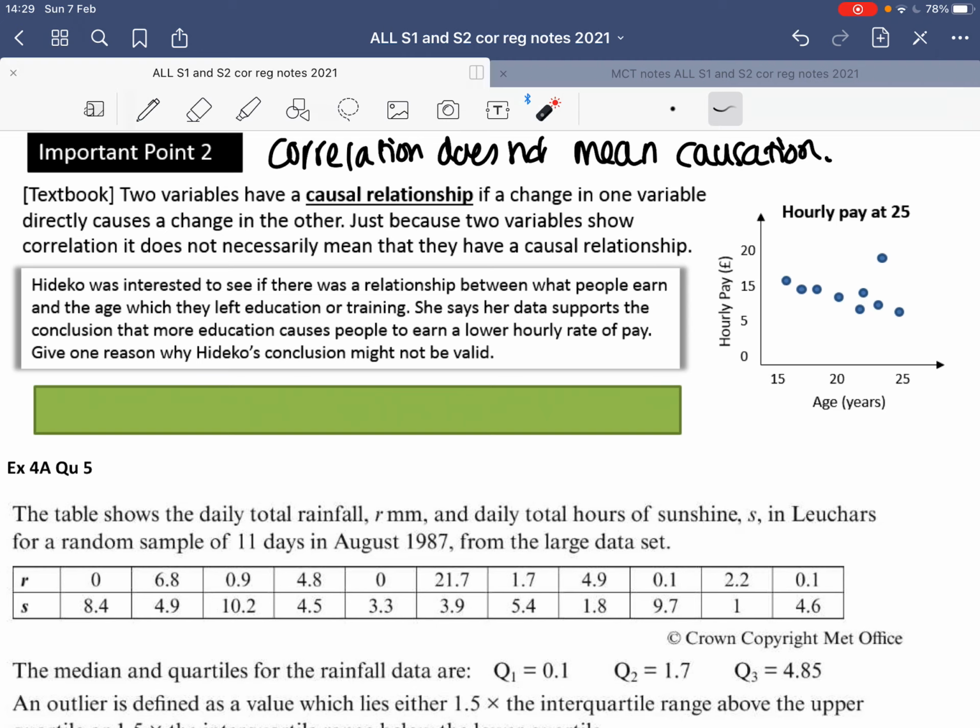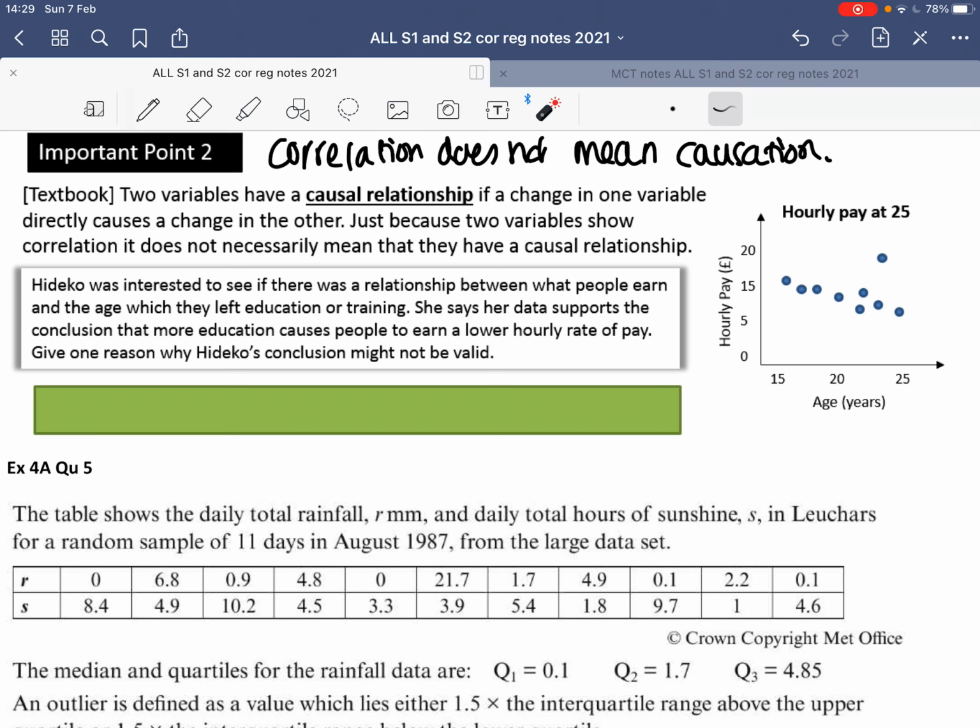Heidi, possibly, was interested to see if there was a relationship between what people earn and the age when they left education or training. So how much you earn against when you left education. This is the age you leave full-time education, and this is how much hourly pay you get at age 25.